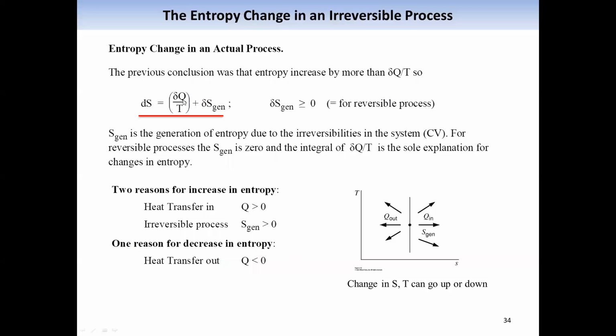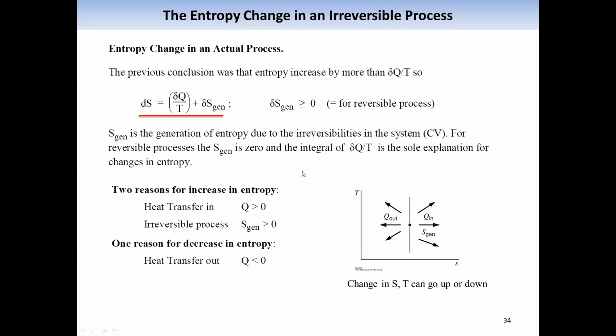Consider a control volume which absorbs heat. The first term on the right is positive, and the combination of two positive terms is a positive quantity. If the control volume rejects some heat, dq is negative, so dq over T is negative. The combination of these two terms can be positive or negative.